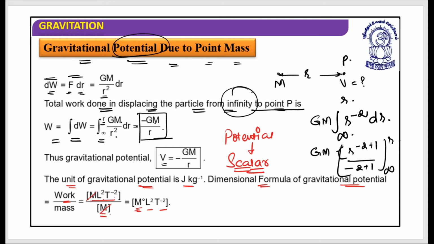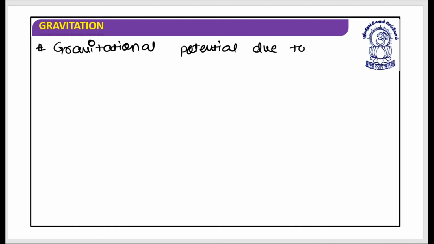So this is just the master formula. Let's have a look. This is the gravitational potential due to a point mass.